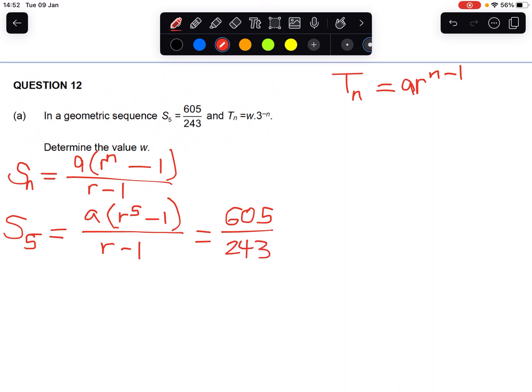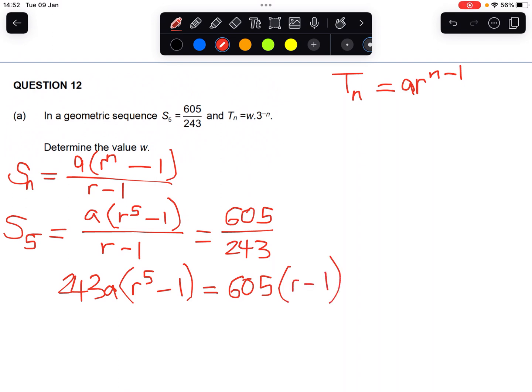And we can rearrange this equation as 243 times a times r to the 5 minus 1 is equal to 605 times r minus 1.